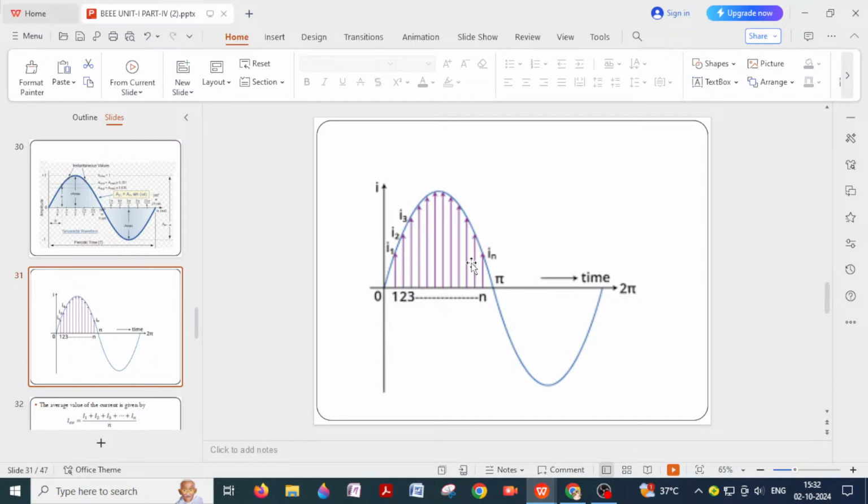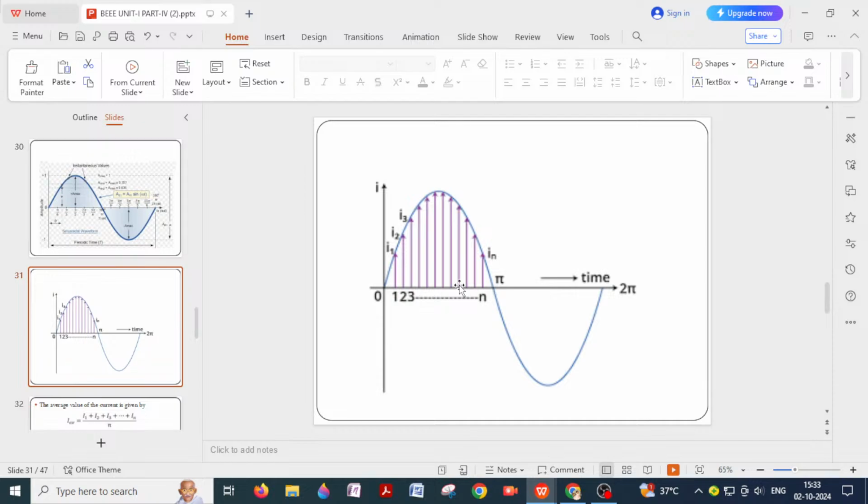I have divided this positive half cycle into n parts: section 1, section 2, section 3, section 4, section 5 and so on up to n.